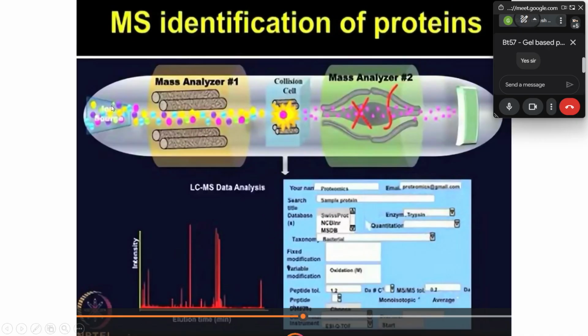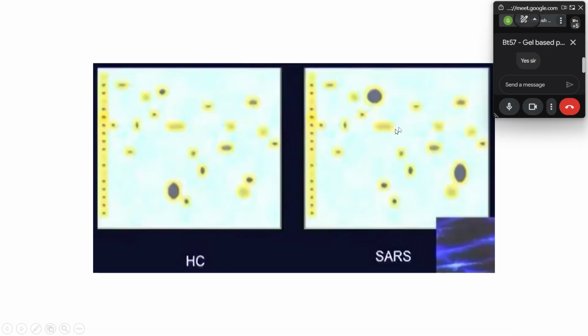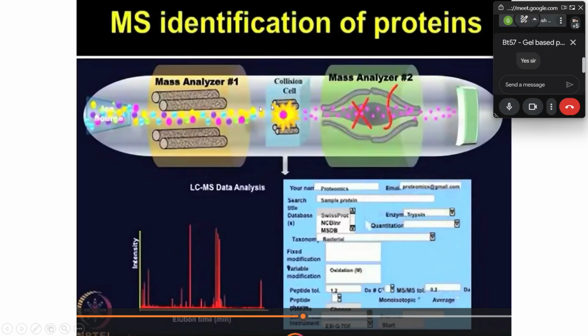Here your proteins are fragmented after trypsin digestion. So you make different peptides, and those unique peptides can tell you what this specific protein is. So MS1 and MS2. MS1 is the initial fragmentation. For example, if your protein is around 200 kilodalton, in MS1 it will get fragmented into, for example, 120 and 80.